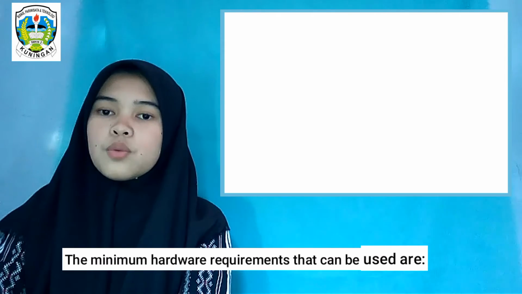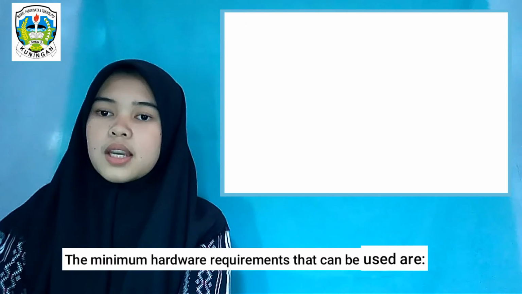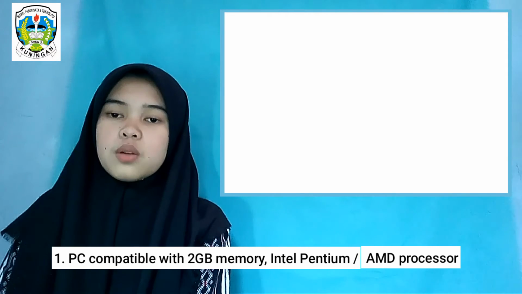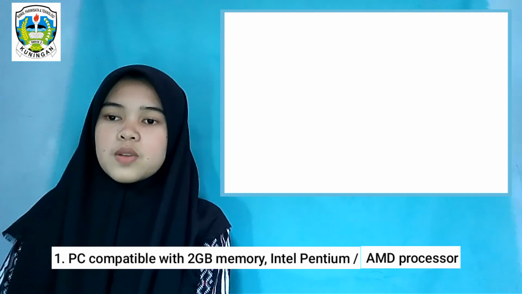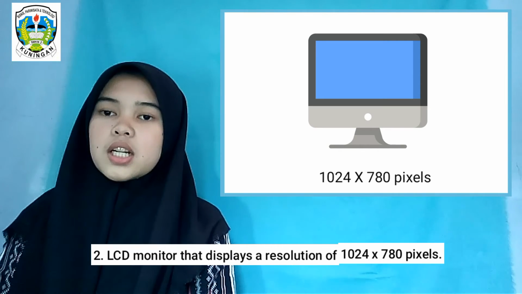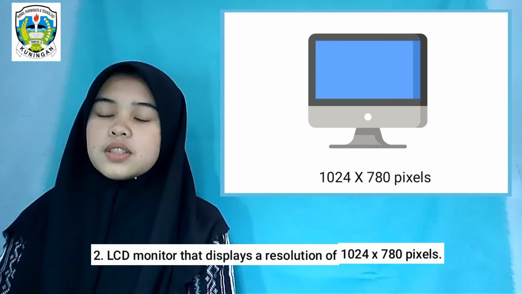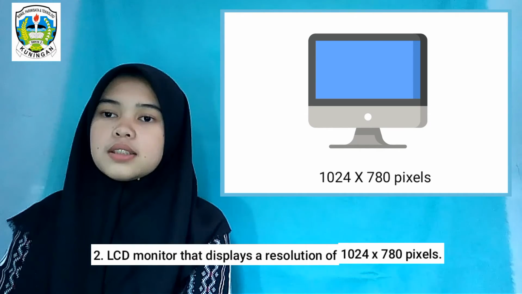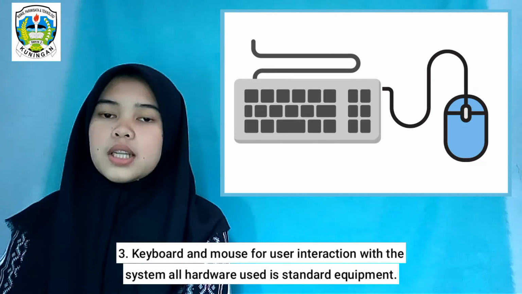The minimum hardware requirements that can be used are: 1. PC compatible with 2 GB memory, Intel Pentium or AMD processor. 2. LCD monitor that displays a resolution of 1024 by 768 pixels. 3.